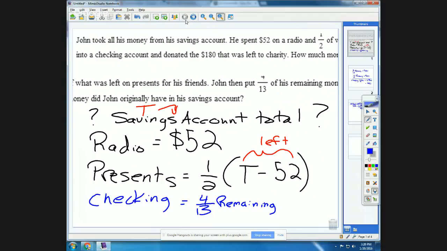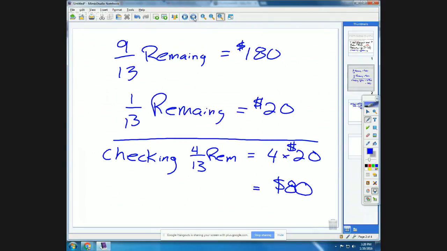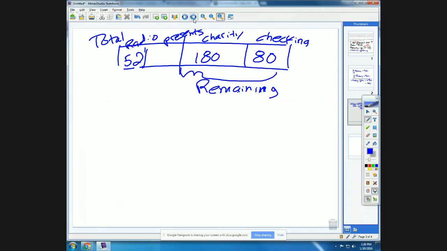What do we know about presents? It was half. Half of what was remaining after the radio. Okay. So again, I mentioned my picture is totally not to scale. I'm just throwing some information in here. This is what's remaining after the radio, right? And half of that had to be for presents.